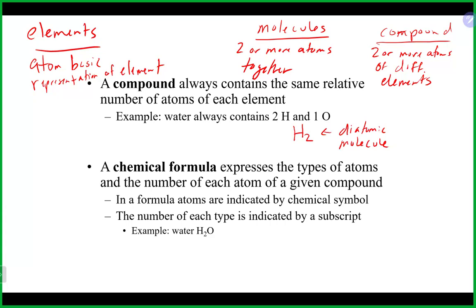You saw it last week in the lab, as it was bubbling there, and you lit it on fire with your wood splint. That is hydrogen gas. Now, hydrogen is definitely a molecule because, again, it is two hydrogen atoms together. So it meets that definition of a molecule.